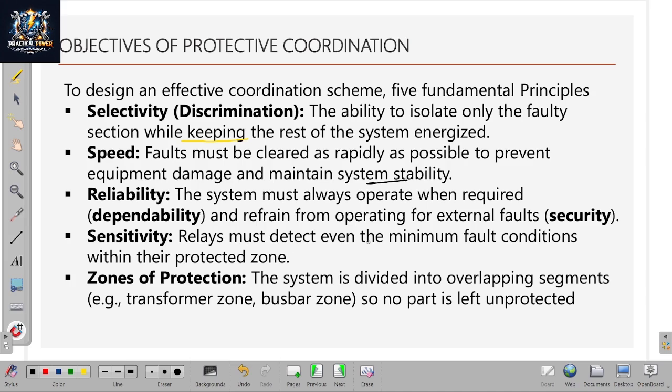The relays must detect even the minimum fault conditions within their protected zone. The minimum fault must be sensed by the protective relay.